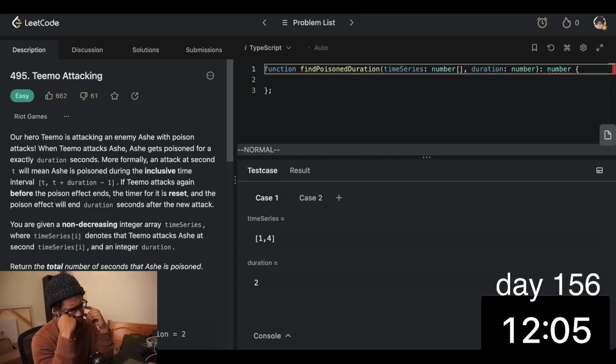If it ends at t equals 3, that means she was poisoned for 2 seconds.